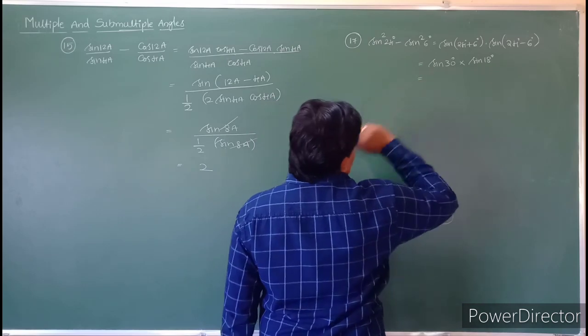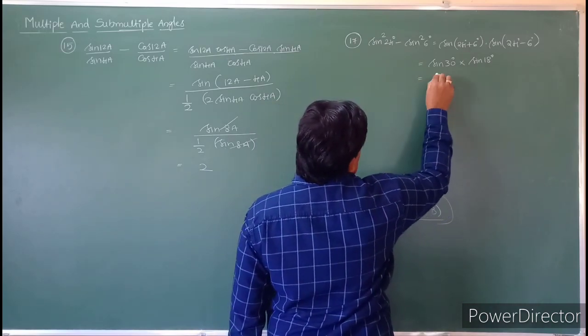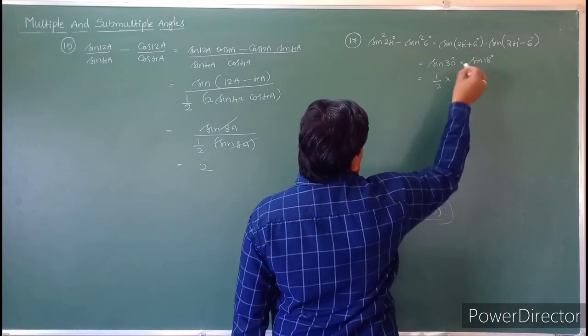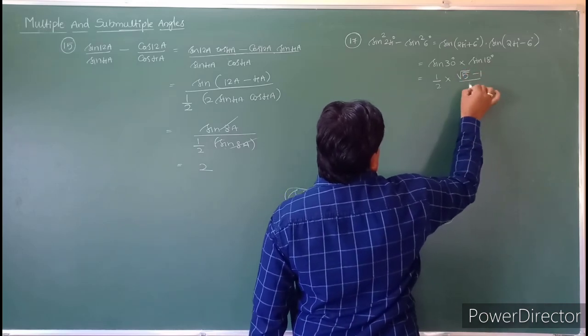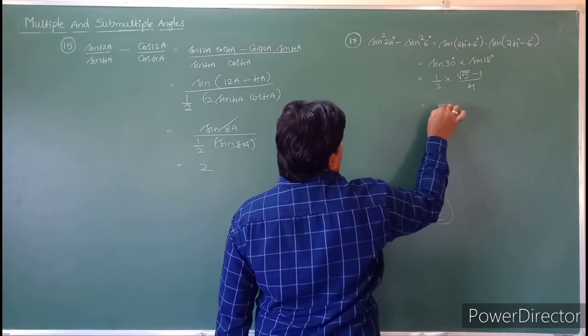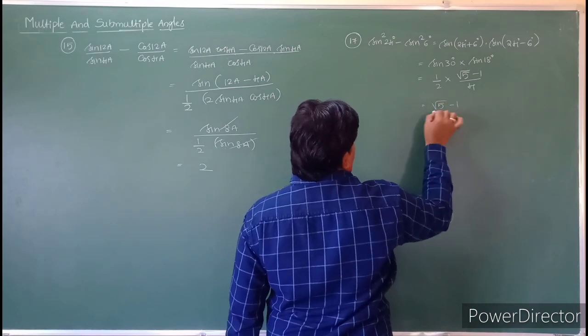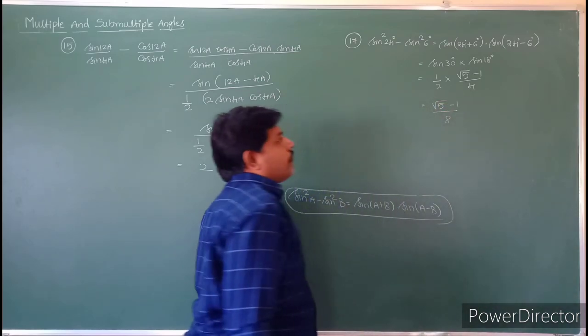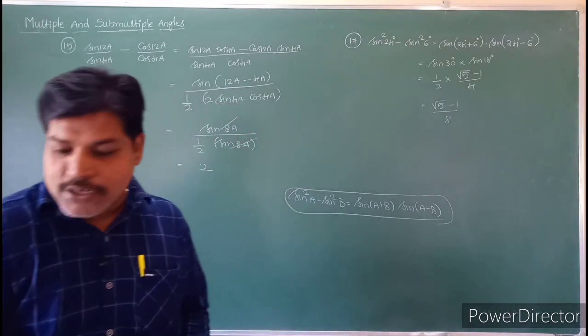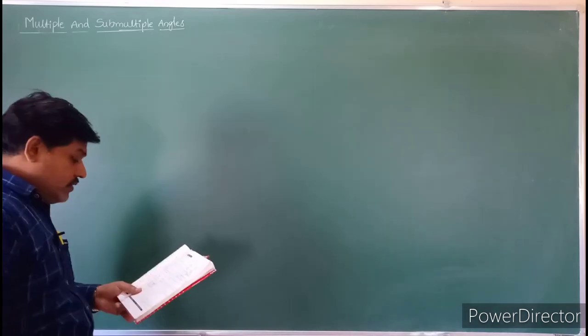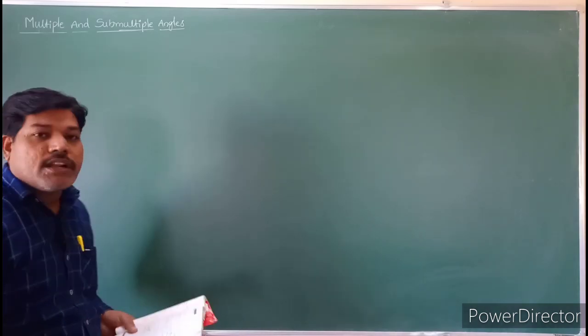What is sin 30? Sin 30 is 1 by 2, into sin 18 which is root 5 minus 1 by 4. So the answer will become root 5 minus 1 by 8. So see that question, students. See the next question, question number 18.